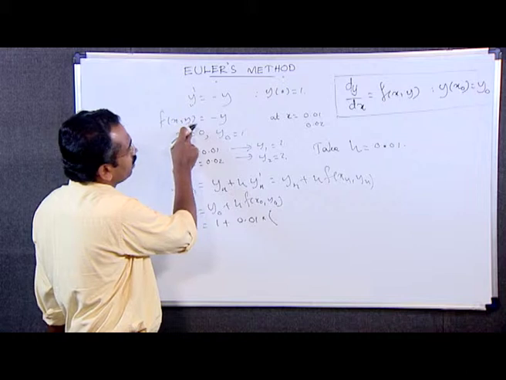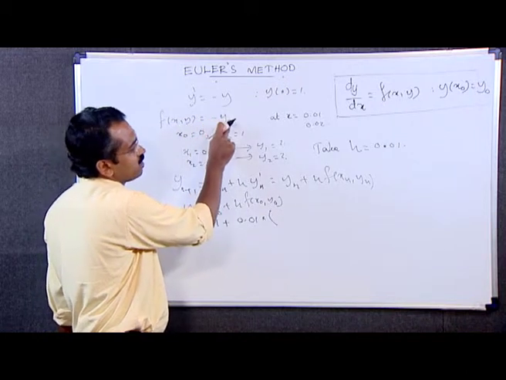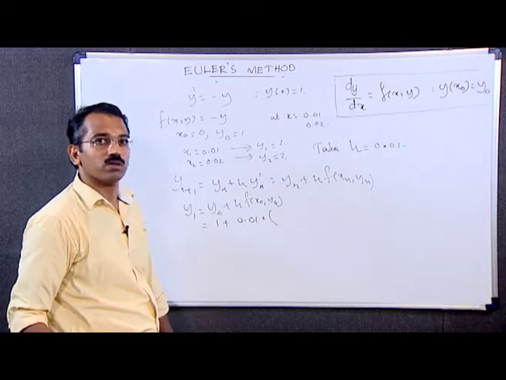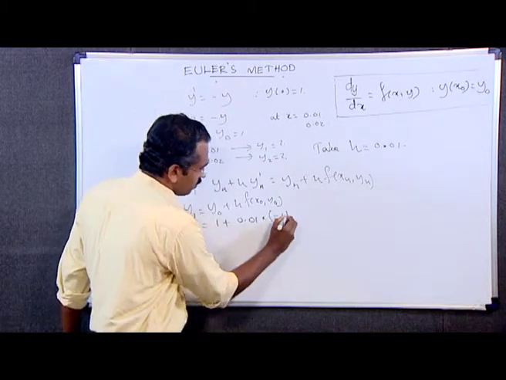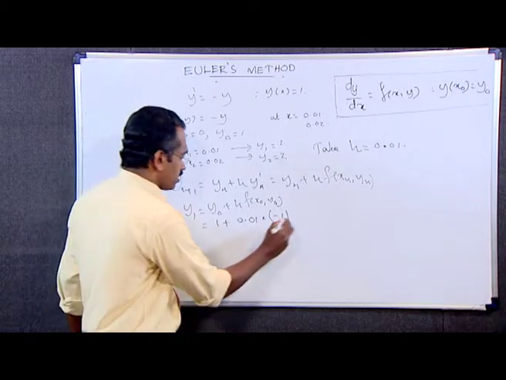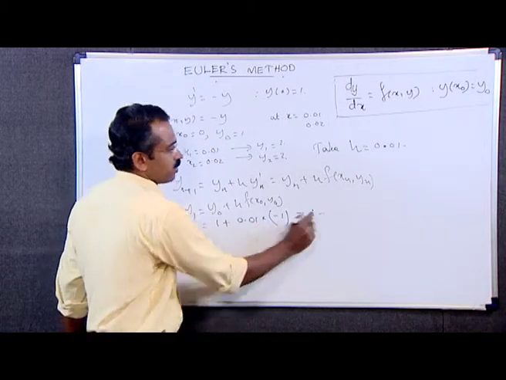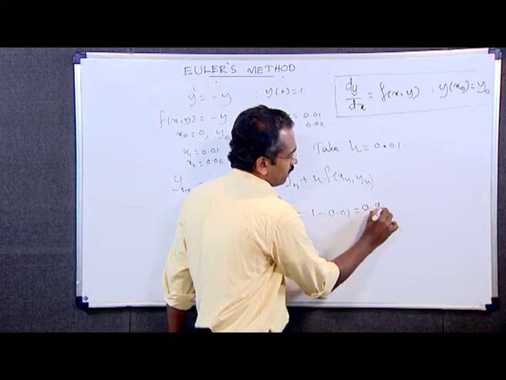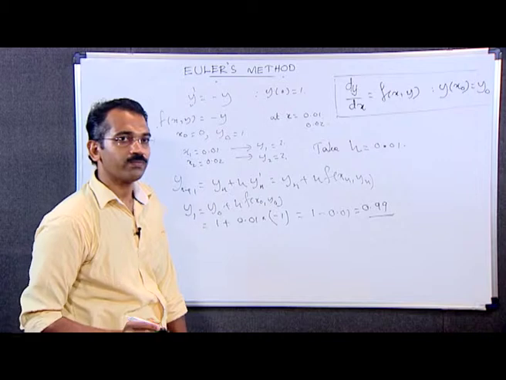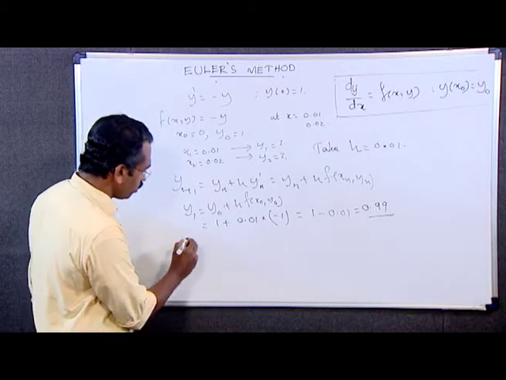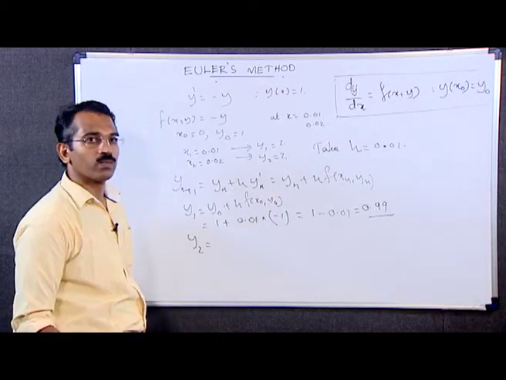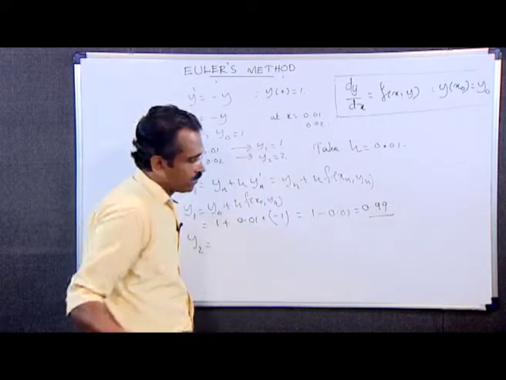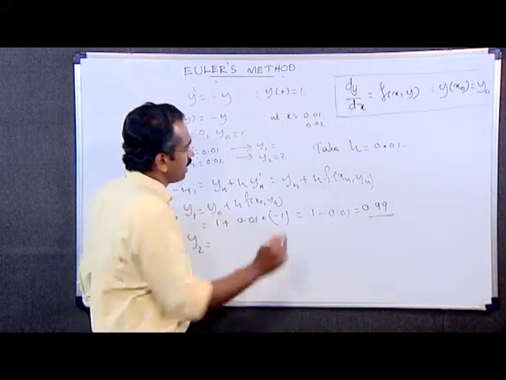Therefore, f of x0, y0 means minus y0, and y0 is 1, so minus y0 means minus 1. This is equal to 1 minus 0.01, that is 0.99. Therefore, we obtained y1 as 0.99.